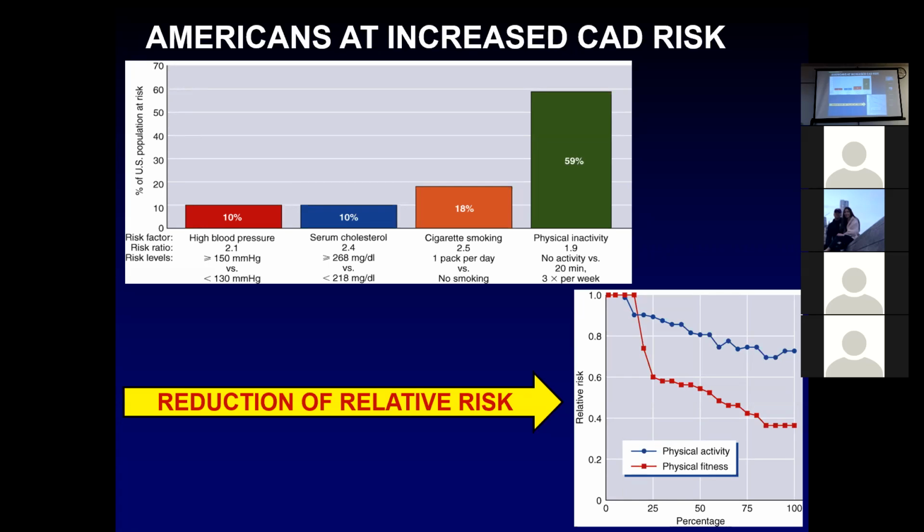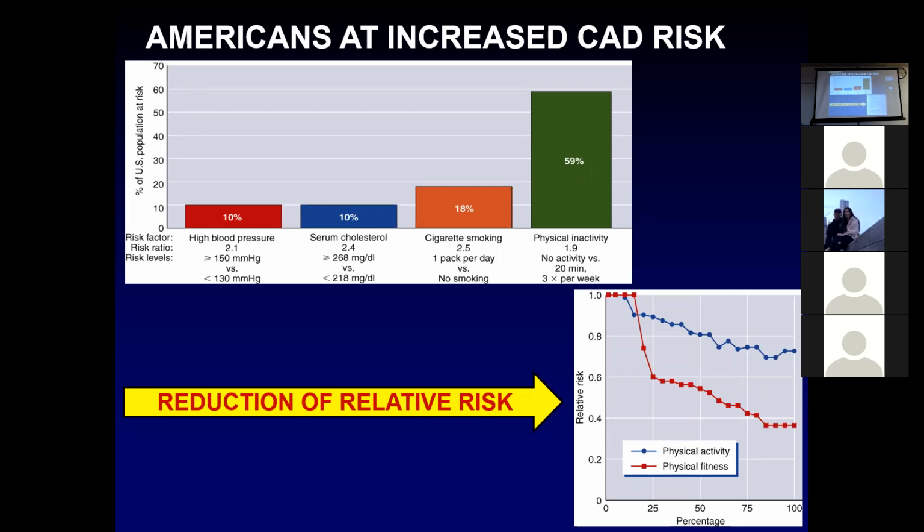We're back to our same graph that we've had the whole time: coronary artery disease is one of the primary causes of death from cardiovascular disease, and cardiovascular disease is the primary cause of death of most people. If we can reduce the risk of this, we can reduce the risk of cardiovascular disease and all-cause mortality, which is why physical activity is so important.